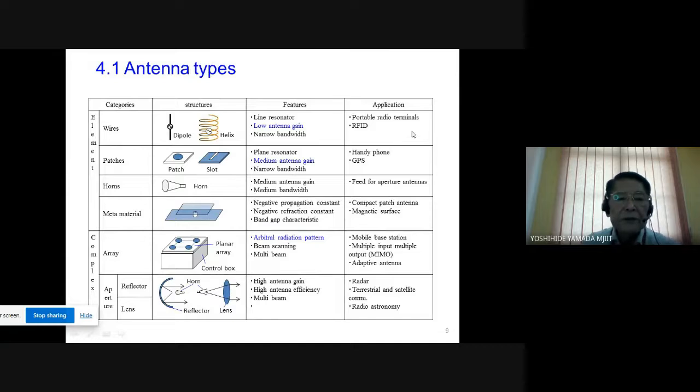So antenna types are categorized: wire antenna, patch antenna, horn antenna, metamaterial structure, array antenna, aperture antenna, reflector and lens. All these antennas can be measured in the laboratory. Depending on the antenna size in an aperture antenna or array antenna, the far field distance should be taken care of.